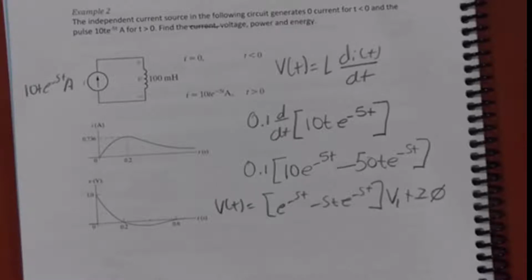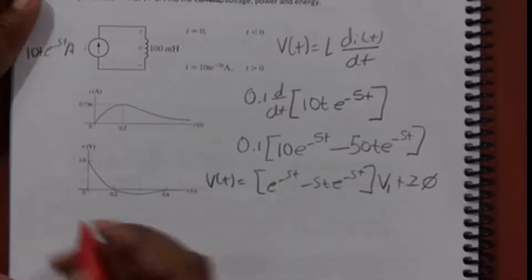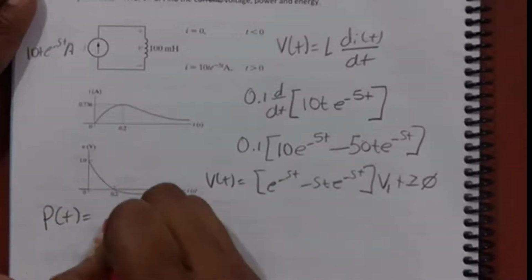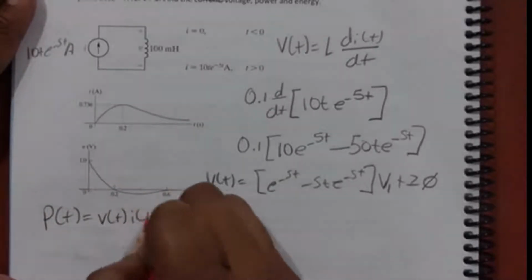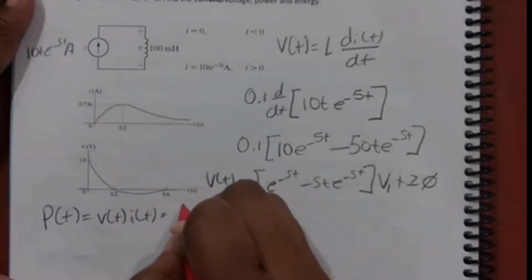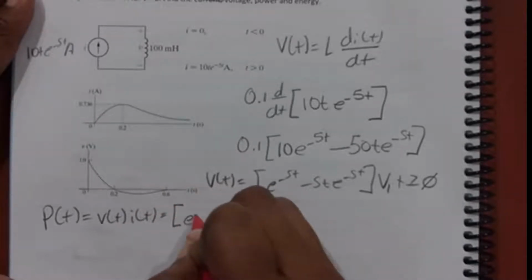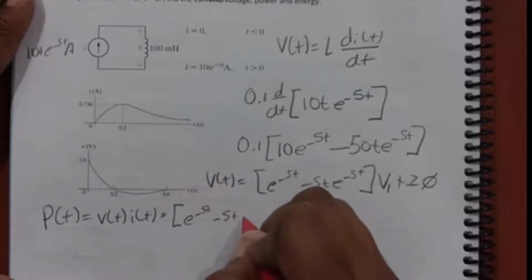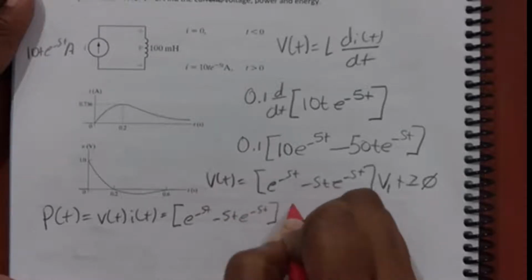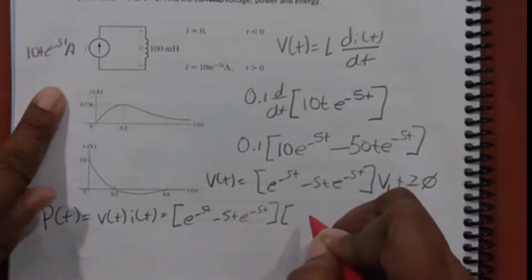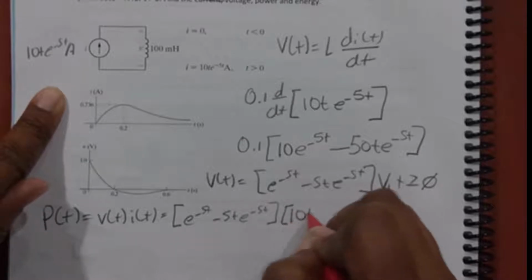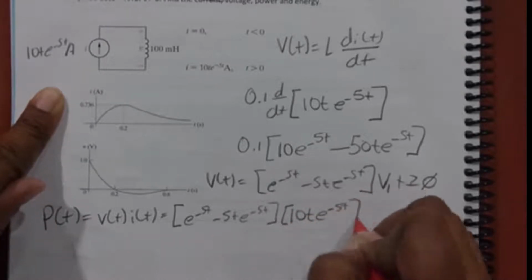All right, I want to find the power next. So the power is going to be p of t is equal to v of t times i of t. So that's going to be e to the minus 5t minus 5t e to the minus 5t times the current, which was given in the problem statement as 10t e to the minus 5t.